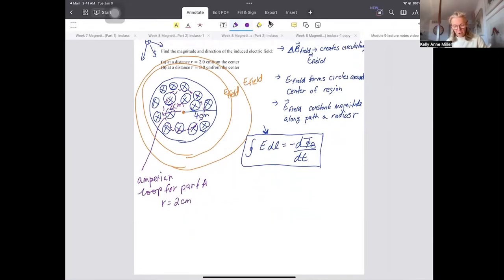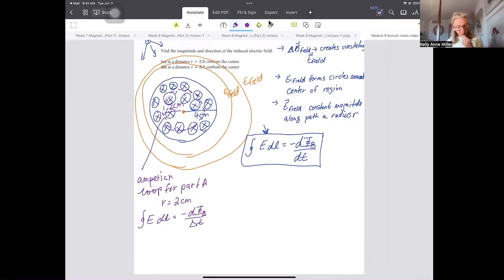Okay, so this is going to be the integral of E dl. Again, E dl equals the change in flux as a function of time.